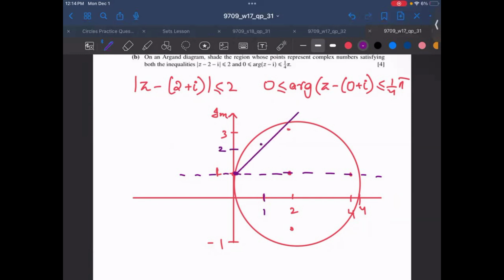So we'll make a straight line like this. And we have to shade the region which is within the circle and between 0 and 1 upon 4 pi. So we'll shade this region over here in the circle, as this shows the argument between 0 and 1 upon 4 pi, and it is also within the circle as well.